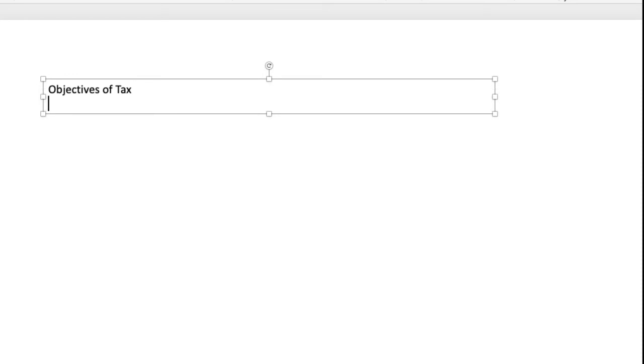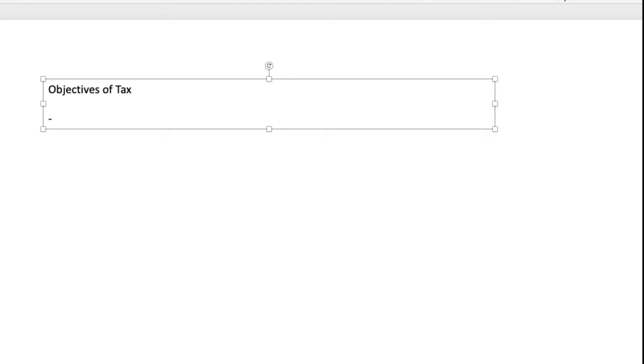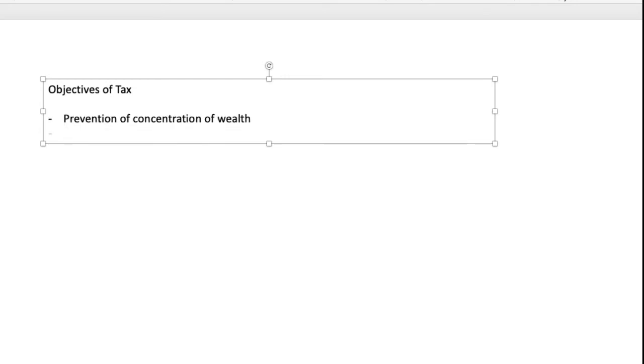So the first objective is prevention of concentration of wealth. Accepted? Yes. The second one is redistribution of wealth.